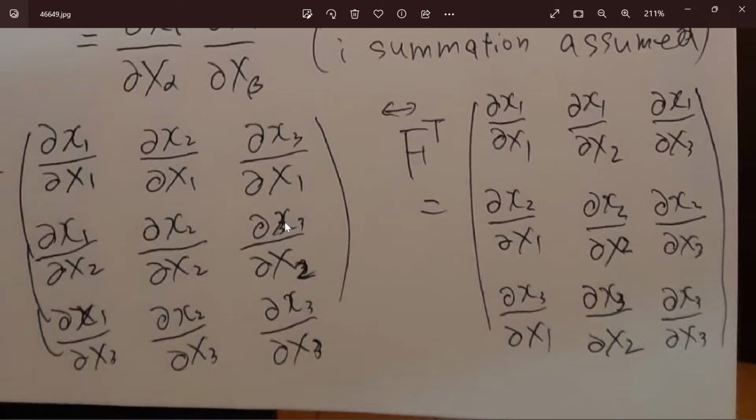Then partial x3, small x3 and partial large x2 goes here, partial small x3, large x3, okay? Partial x1 goes here, partial x2, large x2 goes here, partial x3, large x3 goes here. So it should be okay, right?